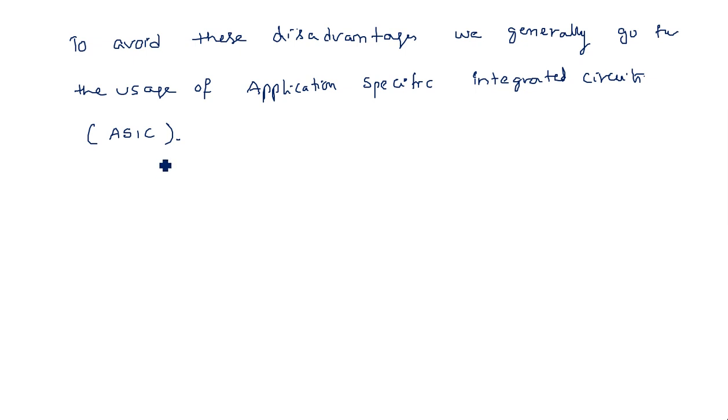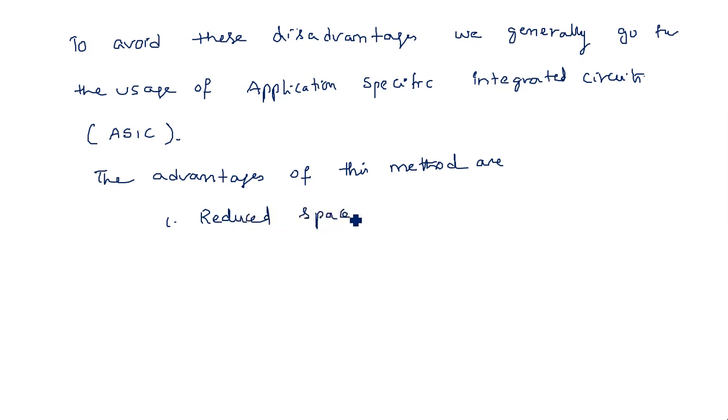Okay, but coming to a general processor, we always need a generalized processor where we can perform multiple operations. Okay, because of this ASIC, what are the advantages? The advantages of this method are, first one, reduced space, because we have limited the application to what is specifically meant. And power is also reduced.